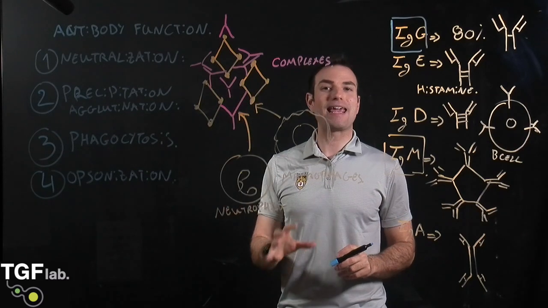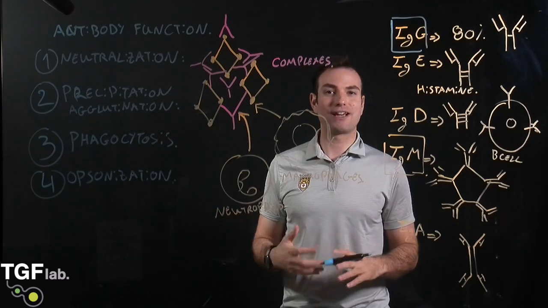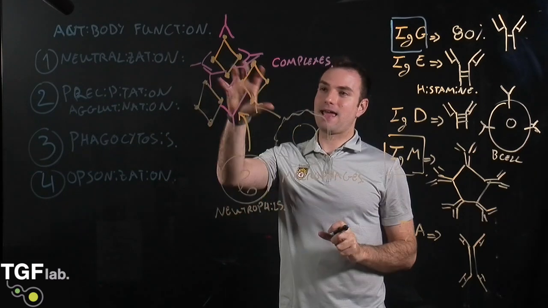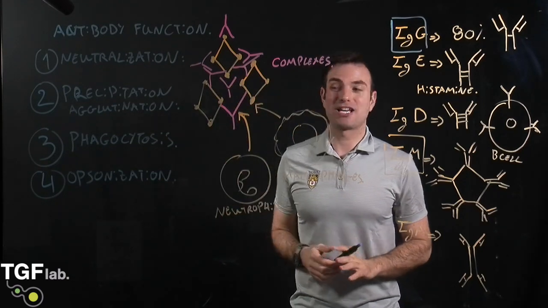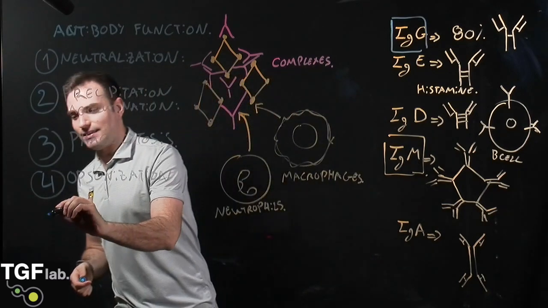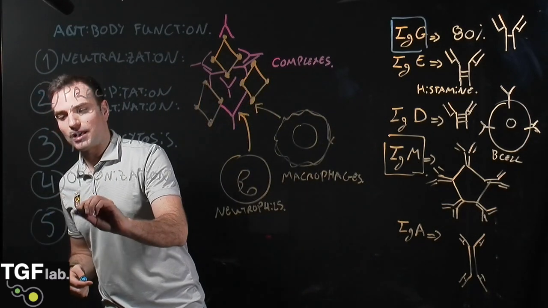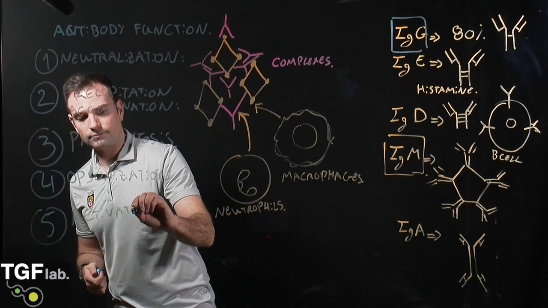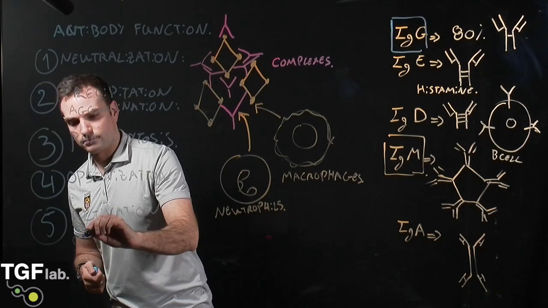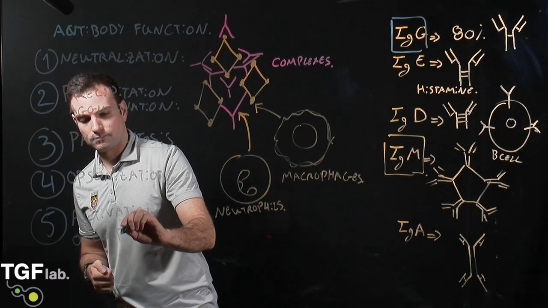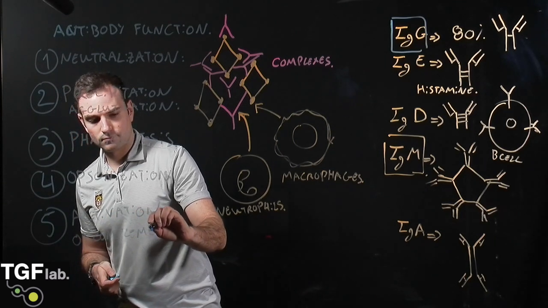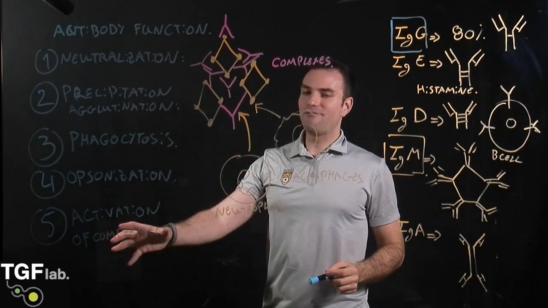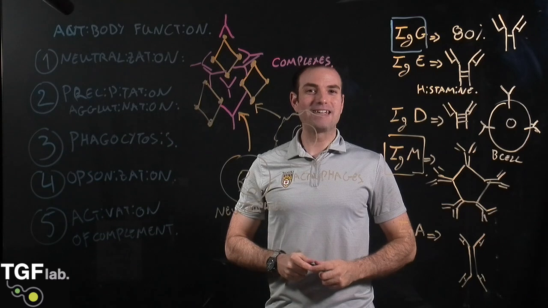This is going to make this process by the neutrophils and the bacteria much easier, because they are going to be able to grab these toxins much better. And finally, the last function is the activation of the complement system. Okay, so these are the 5 different functions of the antibodies.